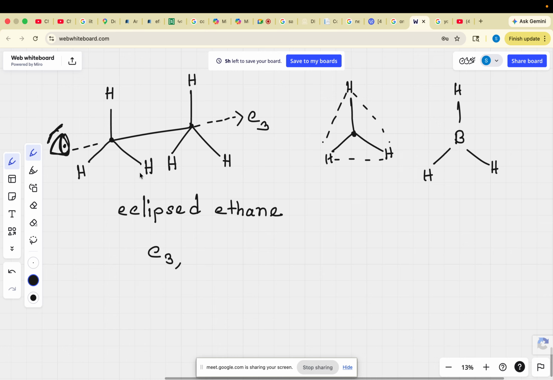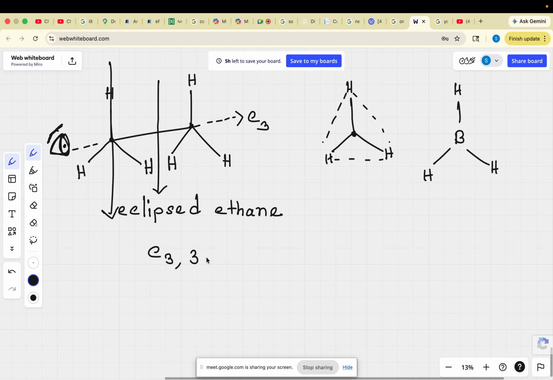Now apart from that, you have to check whether a C2 axis is present or not. So suppose I am keeping one C2 axis here, and then I am rotating the molecule. Or you can keep the C2 axis here in the middle of this bond. If you keep the C2 axis in the middle of the bond and rotate it by 180 degree, you will get the C2 axis.